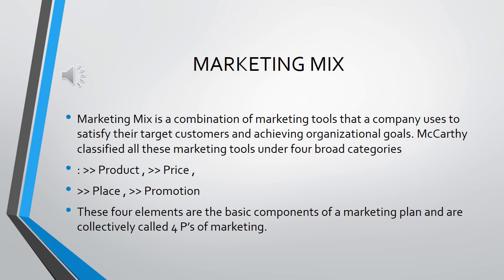It may also include packaging, positioning, people, or other factors. For example, if a company is providing a service rather than a product, there may be 3 additional P's to consider: physical environment, process, and people. So price refers to how much the product is worth.